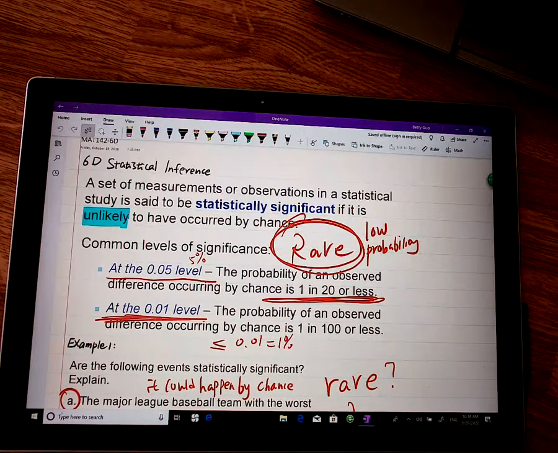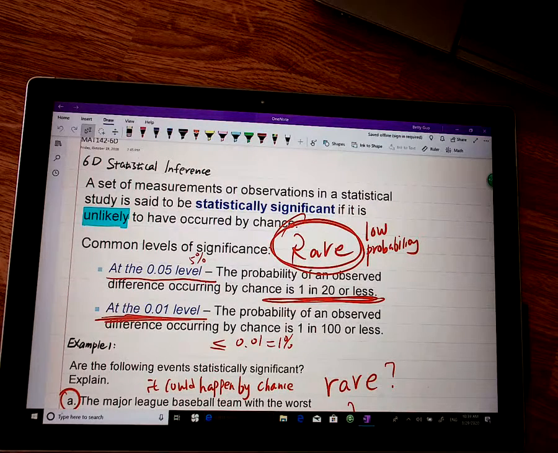The first concept, statistically significant. So simply put, in my word, what is statistically significant? Statistically significant describes an event or an occurrence or a thing.